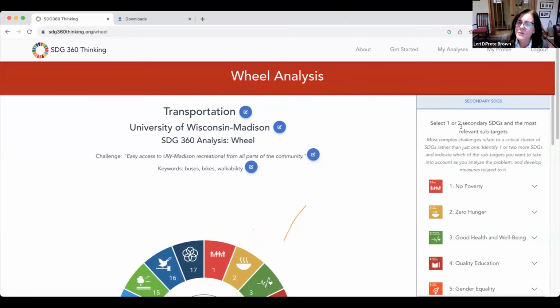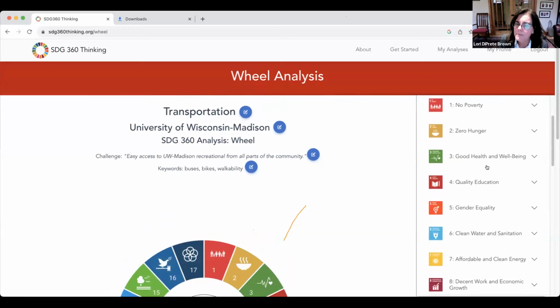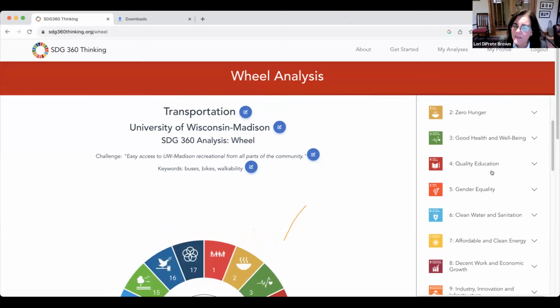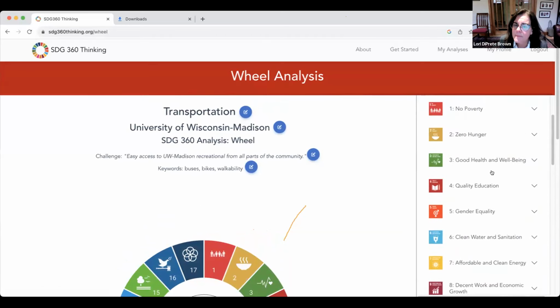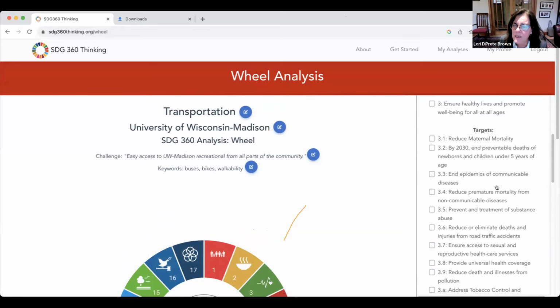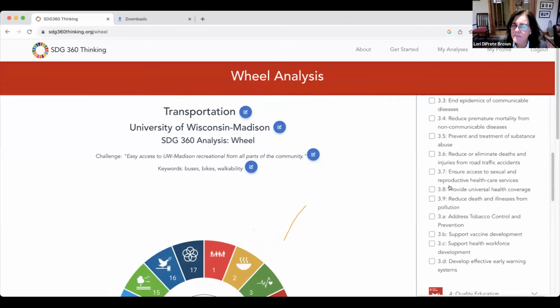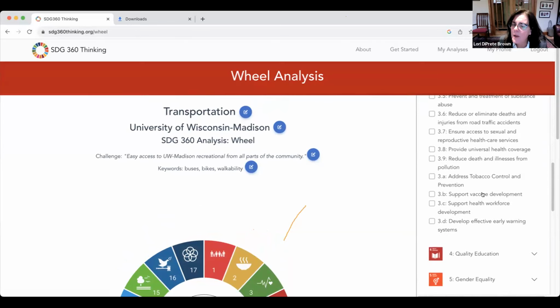Now they want me to select 1 or 2 secondary SDGs and the most relevant sub-targets, right? So I think for me, I'm pretty sure that health is going to be one of them, good health and well-being. But interestingly, the way this is written, the kind of positive health that I'm thinking about isn't here in the SDGs.